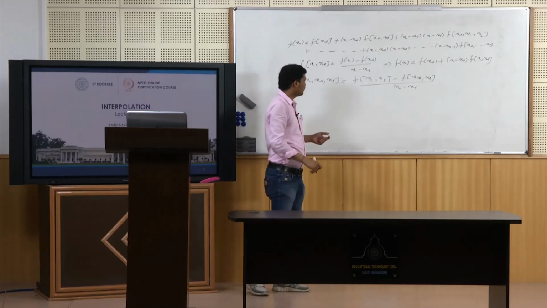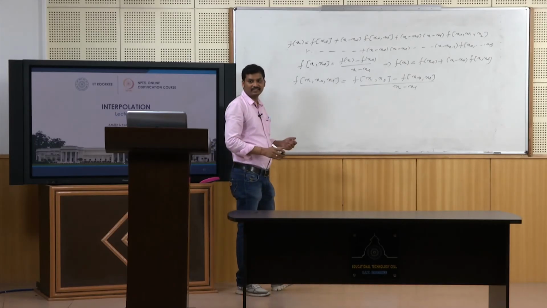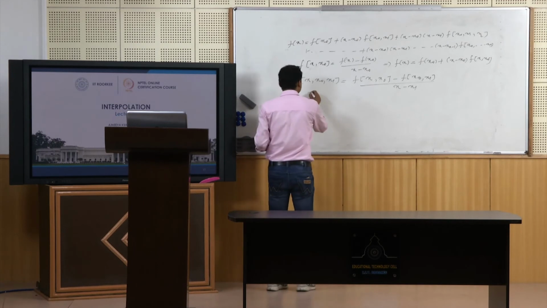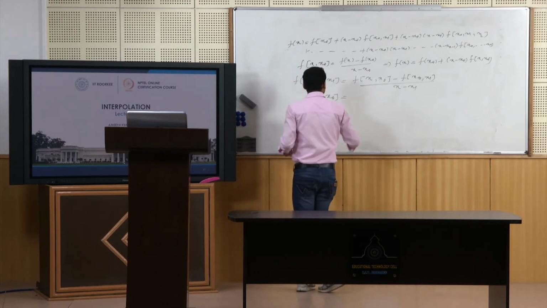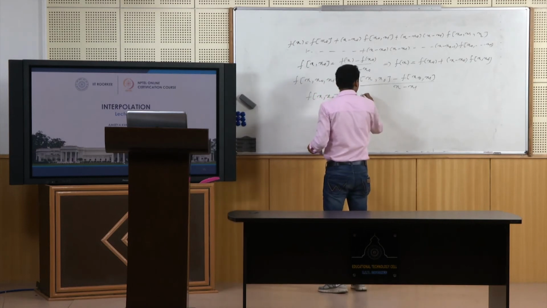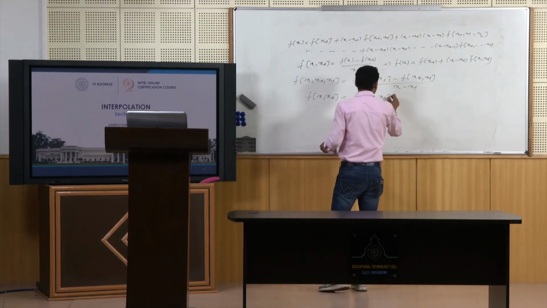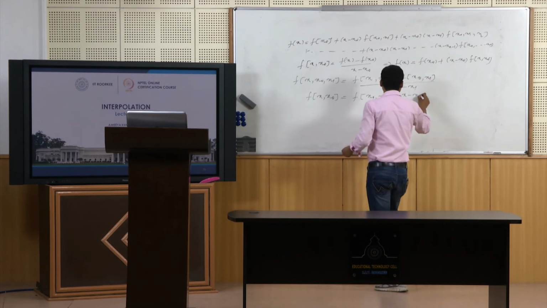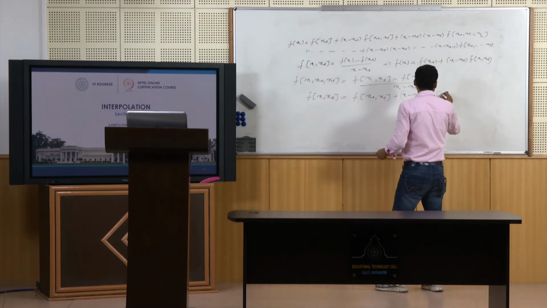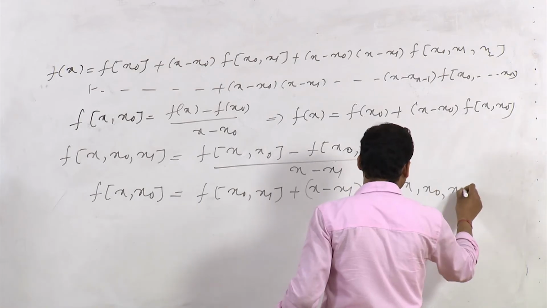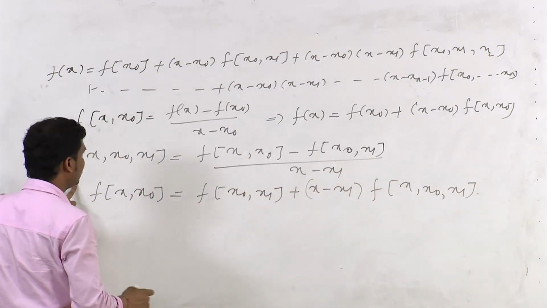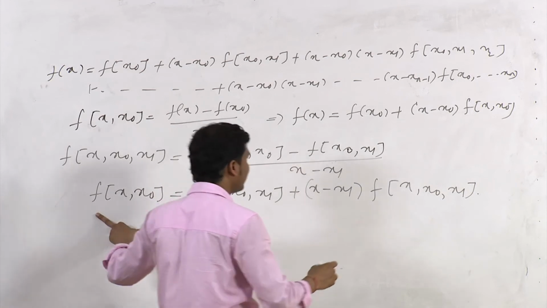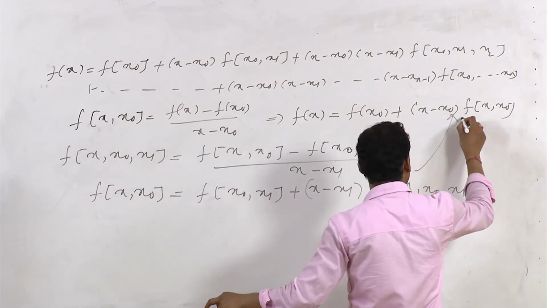And if we separate this f of x x0 here, it can be written in the form f of x0 x1 plus x minus x1 into f of x x0 x1 here.